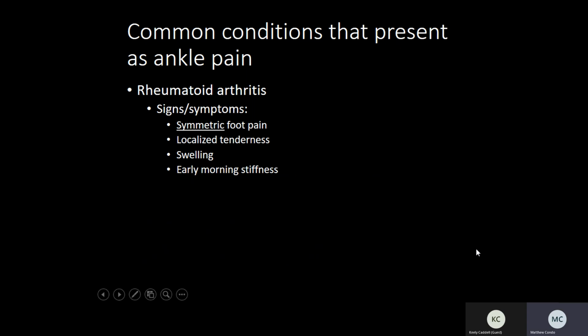Rheumatoid arthritis is the big one. Remember the differences between osteoarthritis and rheumatoid arthritis. Rheumatoid arthritis, we're looking at symmetric bilateral symptoms. Osteoarthritis is typically going to be unilateral symptoms.